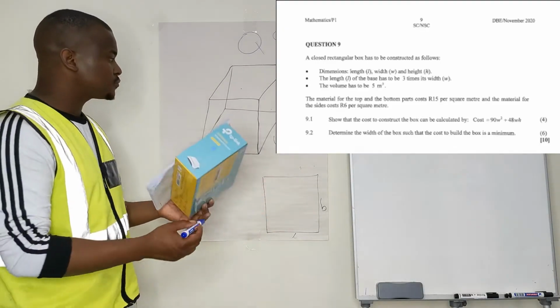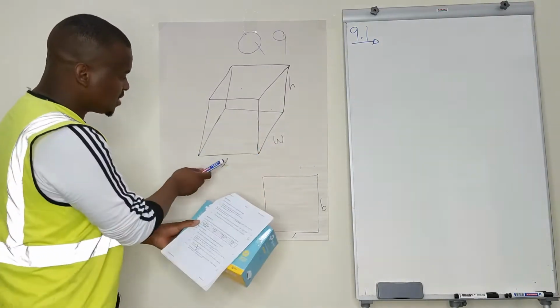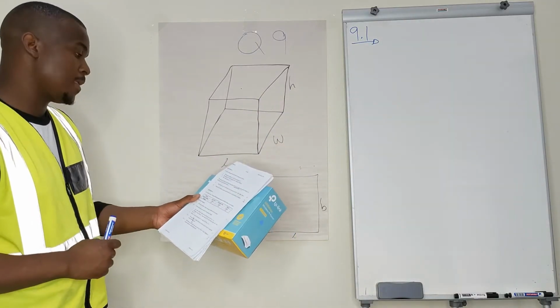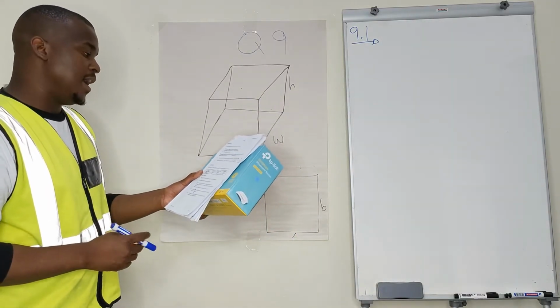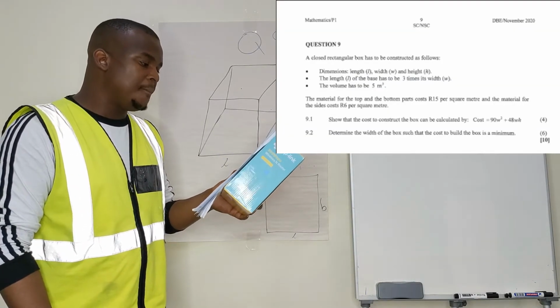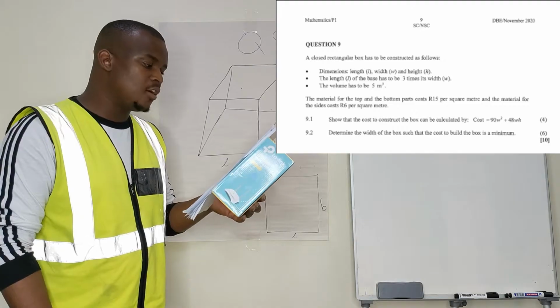So let me write. Here's our length, here's our breadth, here's our height, right? Let's read question 1. Determine the width.